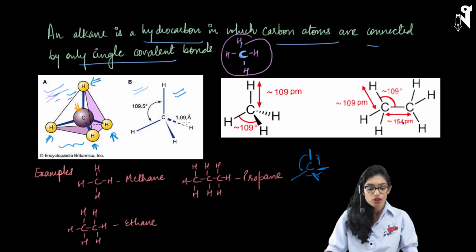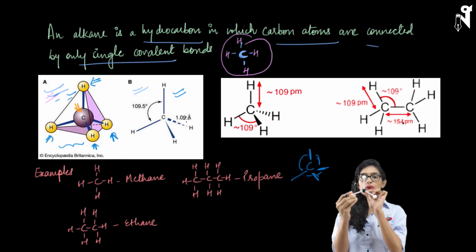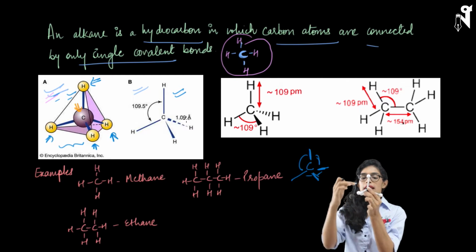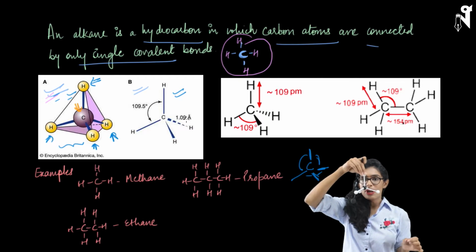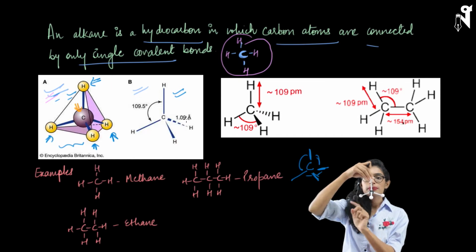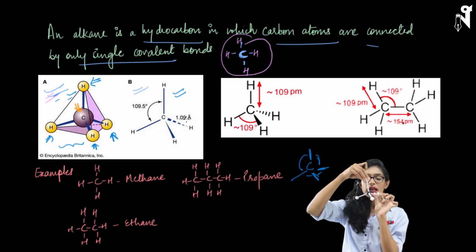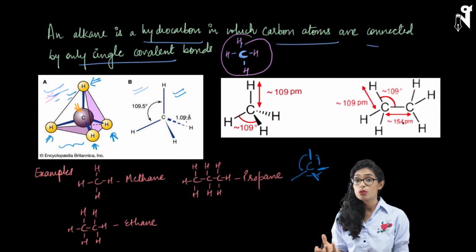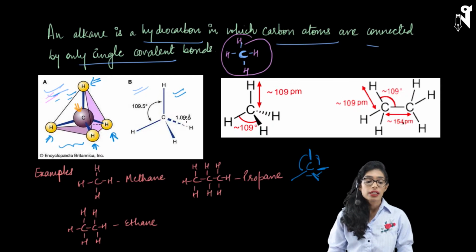If I show you my molecule like this, there are a few things which you can see in the front, and this bond is at the back. The back bond is generally shown by a dash, though you don't have to get bothered about it much because you won't be asked about it.